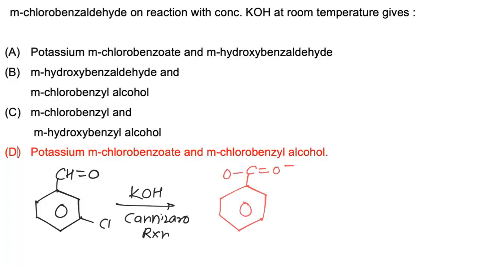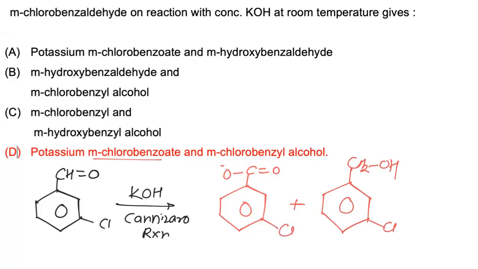So one equivalent of acid and one equivalent of alcohol, CH2OH, is formed. Now we have potassium metachlorobenzoate and metachlorobenzyl alcohol as products, and hence the correct answer is D.